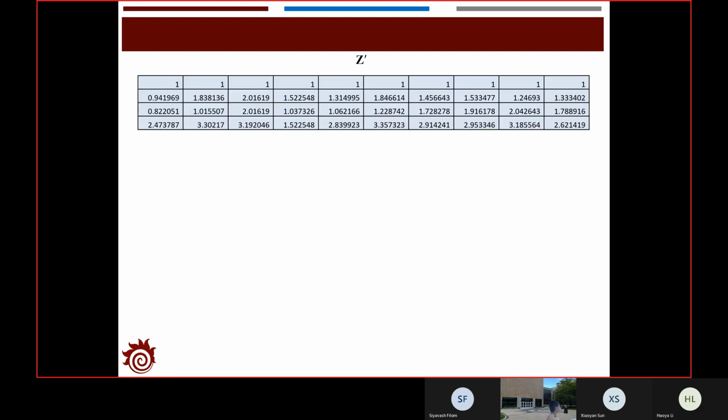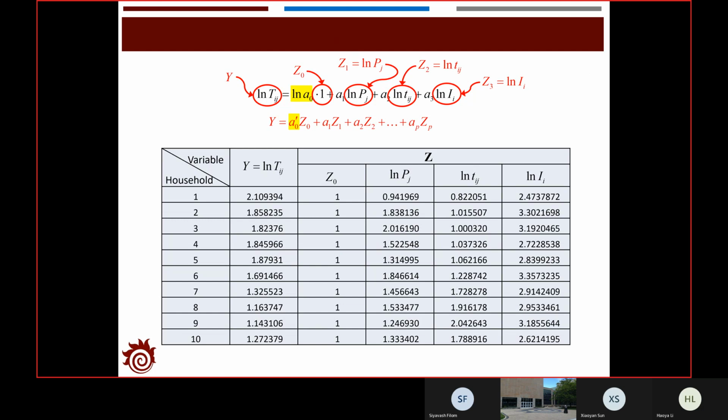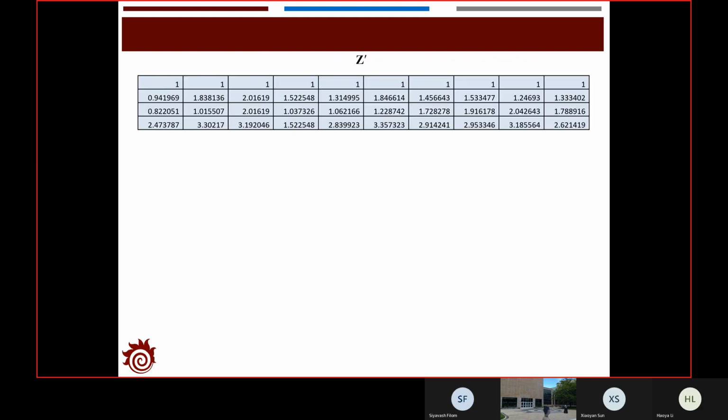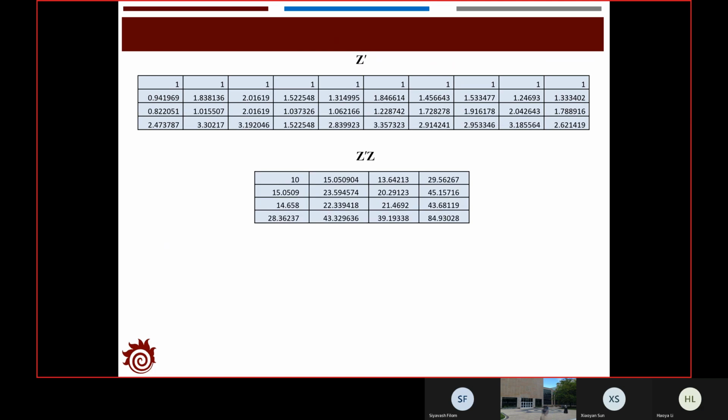To find out the value of Z prime, it's just the transpose of the Z matrix. Z is a 10 by 4 matrix, and we do the transpose to get a 4 by 10 matrix. Then you can do the calculation. Z prime times Z would be a 4 by 4 matrix.